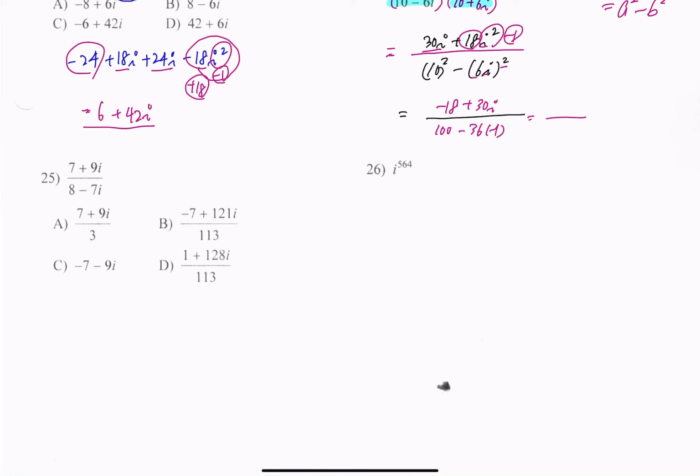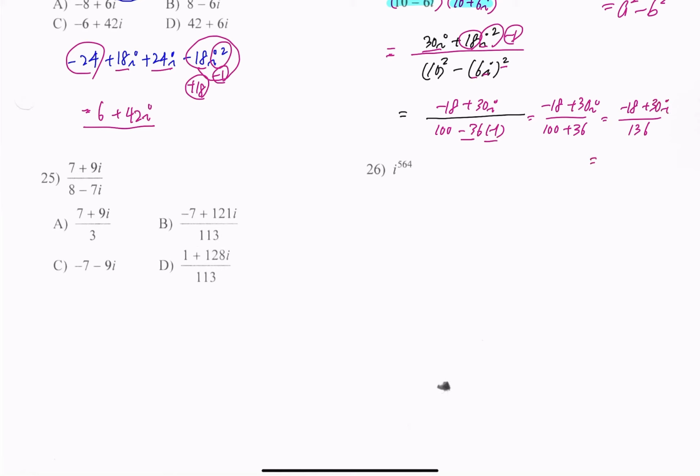So the denominator is 100 minus 36 times negative 1, plus 36. So the denominator is 136. Numerator negative 18 plus 30i.